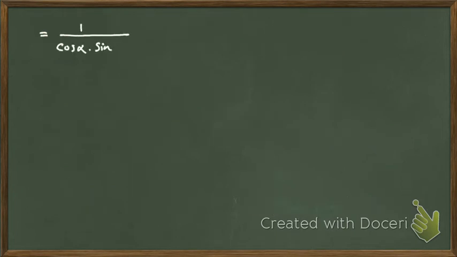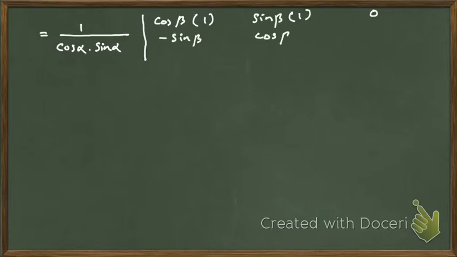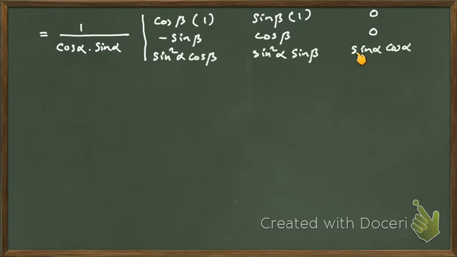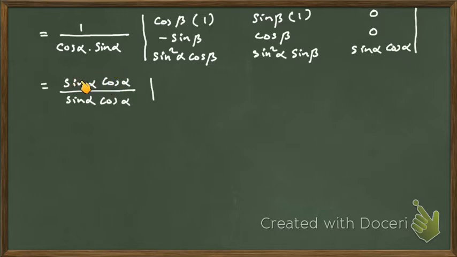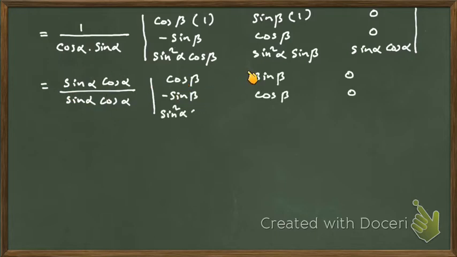So I'm just copying it before I do that. So this is what I had from before, and I'm going to bring the common factor from C3 out. C3 has a common factor because it is 0, 0, sine alpha cos alpha, and I brought that sine alpha cos alpha out from C3 divided by sine alpha cos alpha. This is first column I copy, the second column I copy, and the third column will be 0, 0 and 1.